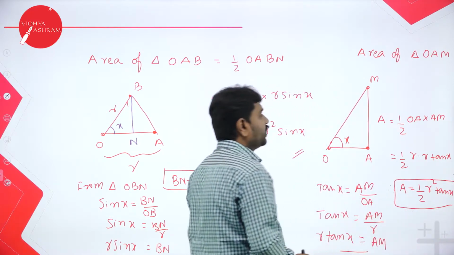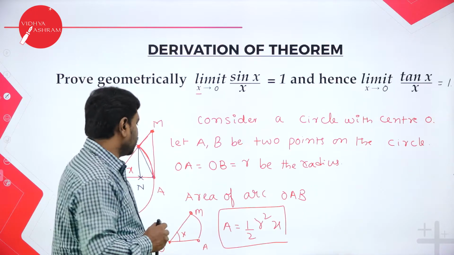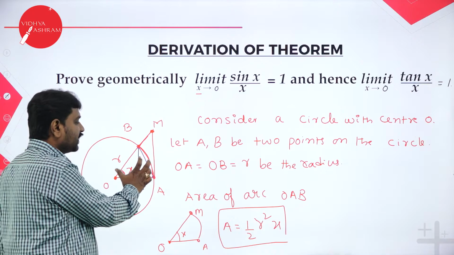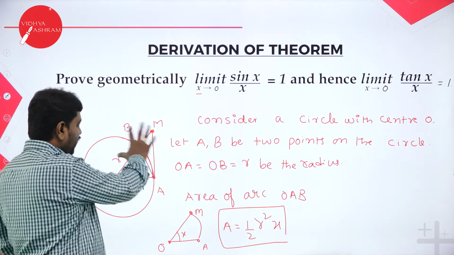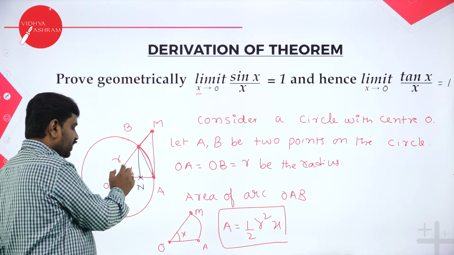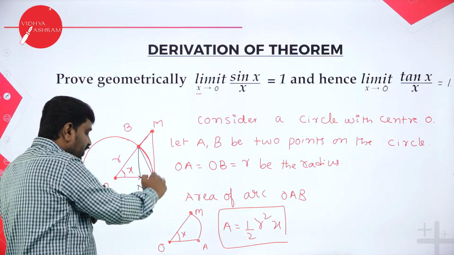So now we got the area of the smaller triangle, the area of the sector, and the area of the bigger triangle. Now we need to compare. You can see the area of the smaller triangle is smallest, then the sector. Then you see the diagram, the conclusion is: the area of smaller triangle OAB is less than the area of the sector, which in turn is less than the area of triangle OAM.